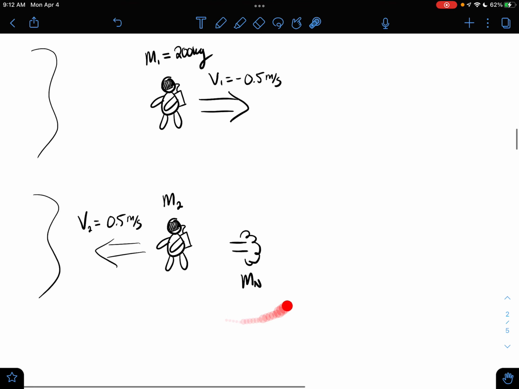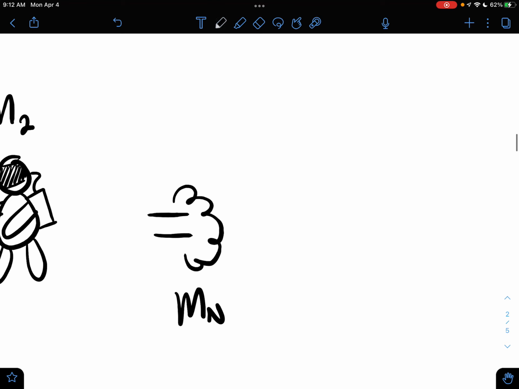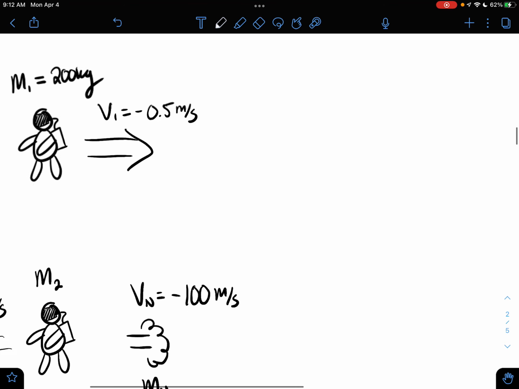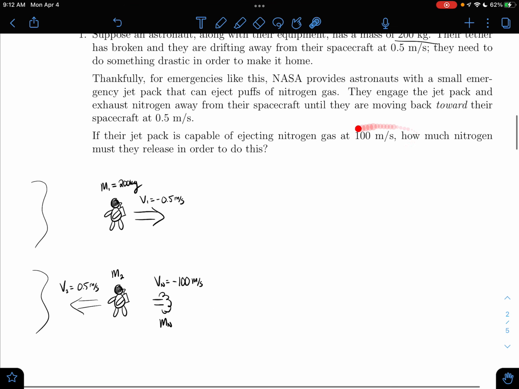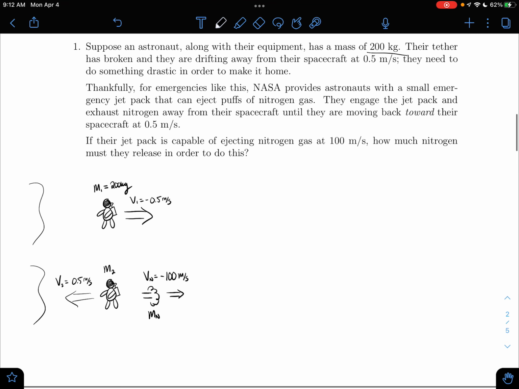Again, we're trying to find the mass of the nitrogen. We do have the velocity of the nitrogen: our Vn equals negative 100 meters per second. It's negative because I said this direction was negative, and the nitrogen's going that way. So we're trying to figure out our Mn.